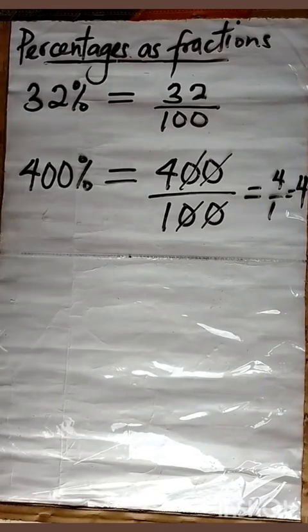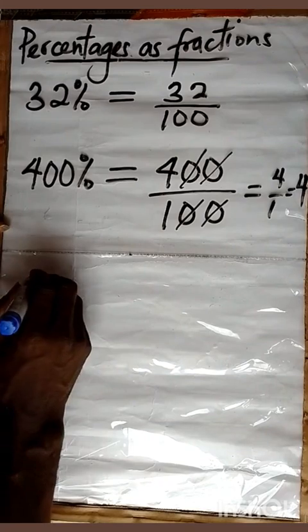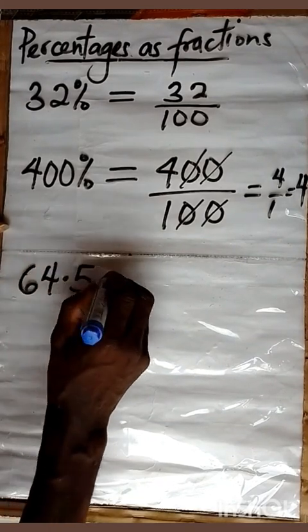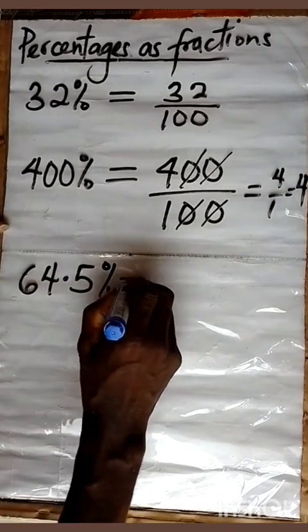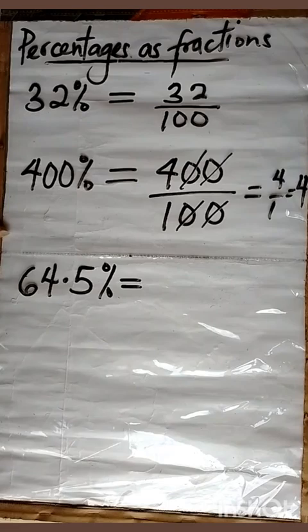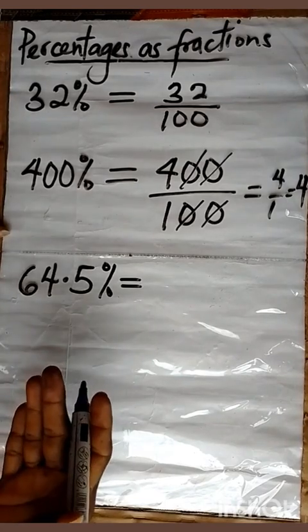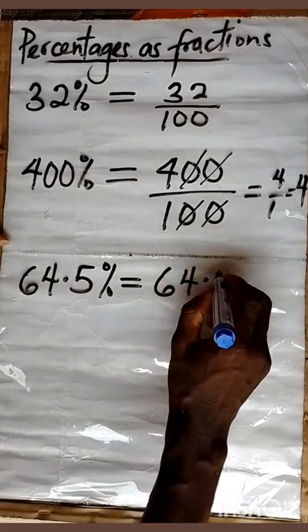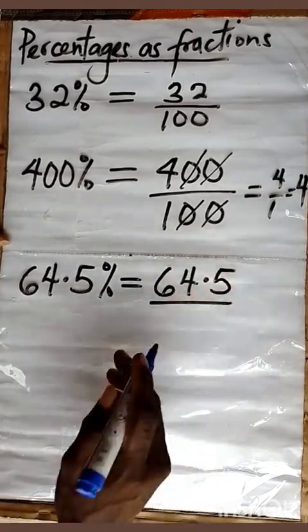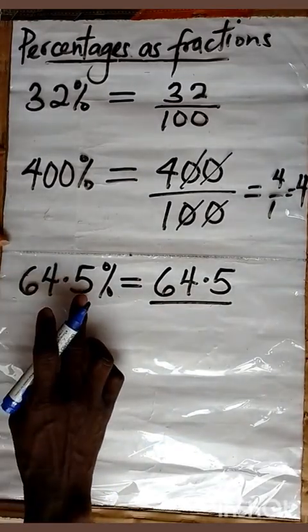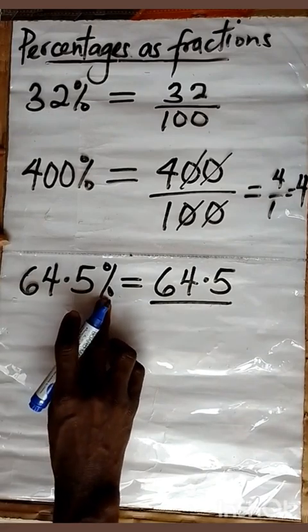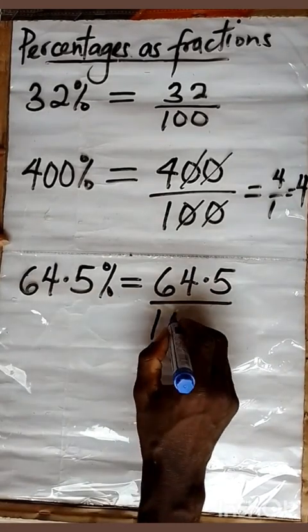All right. Now, if I have something like, say, 64.5%, and I want to make that become a fraction, please follow me on this. 64.5 is the number first, over percent, which is 100.